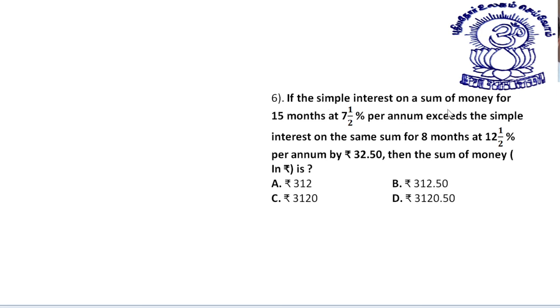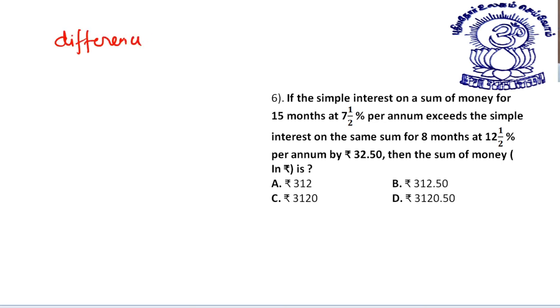If the SI on a sum of money for 15 months at 7.5% per annum exceeds the simple interest on the same sum for 8 months at 12.5% per annum by rupees 32.50, find the sum of money. See, it's actually very easy. What we will be doing is directly finding the difference.